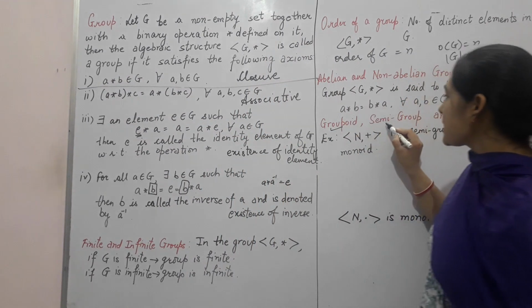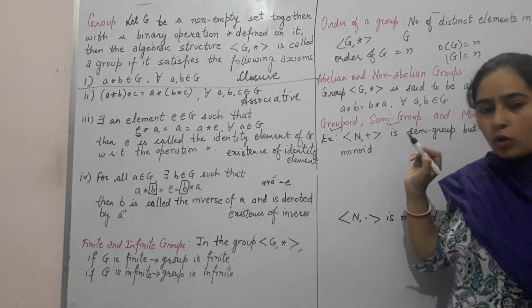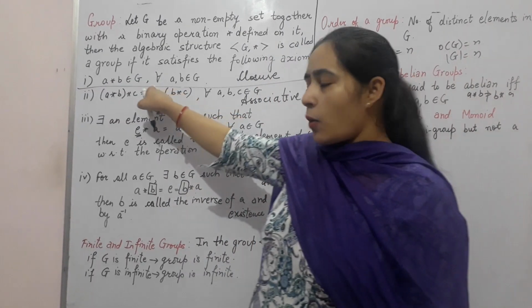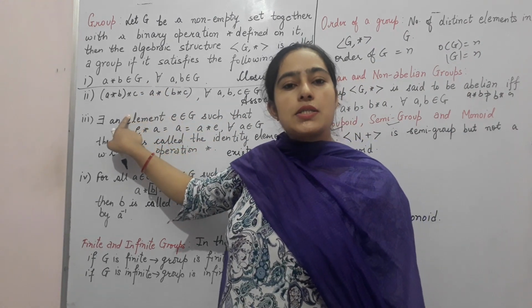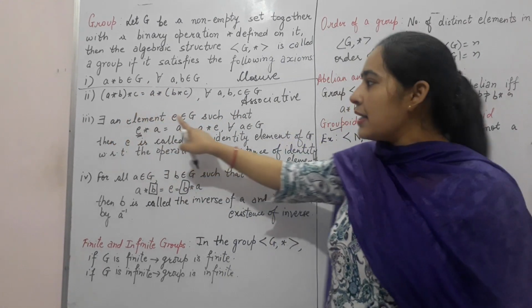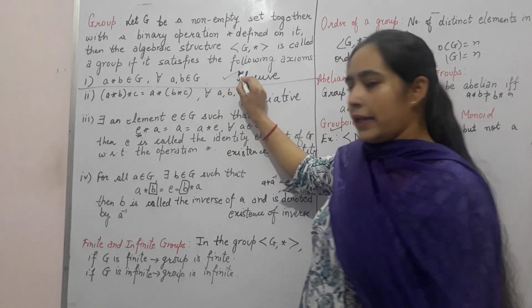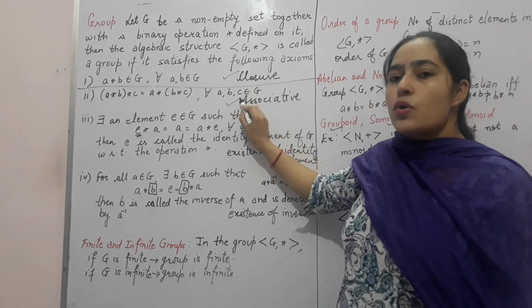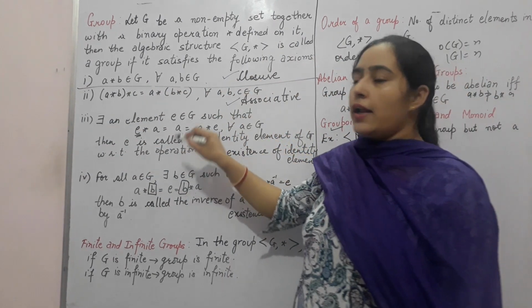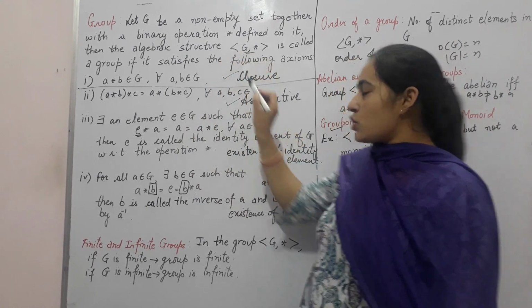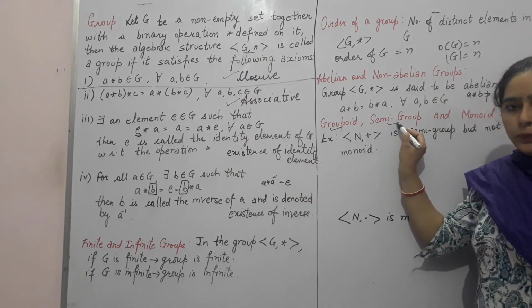Now next is semigroup. What is semigroup? If along with the first property, the second property is also satisfied, that is, if with the closure property, the associative property is also satisfied, then we shall call this algebraic structure a semigroup.